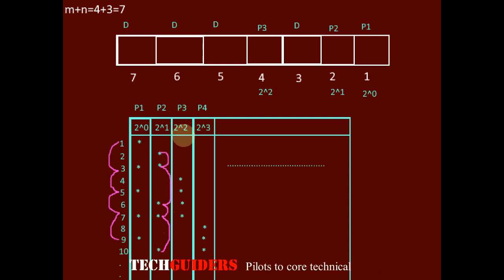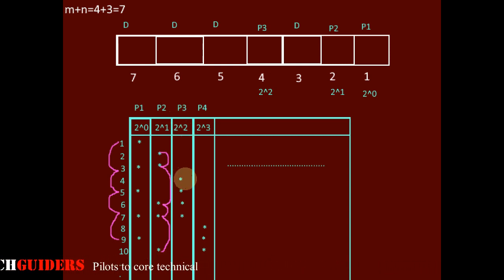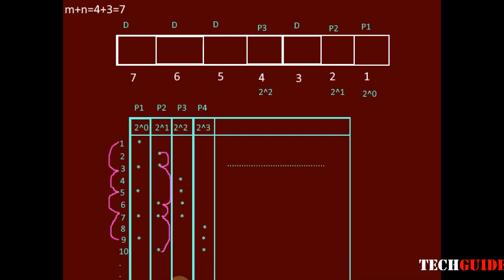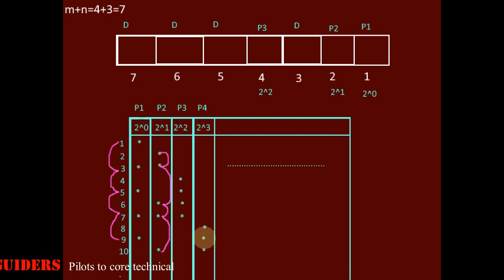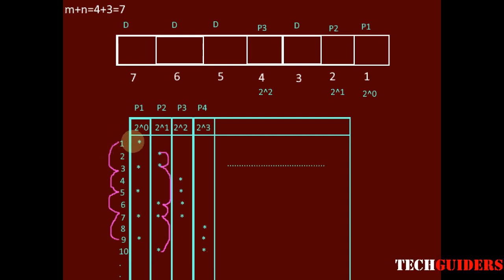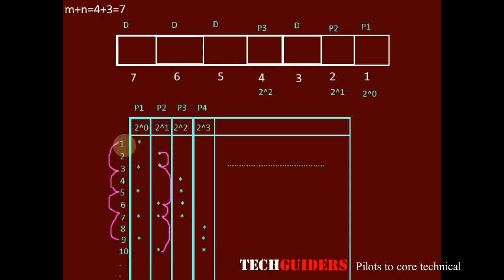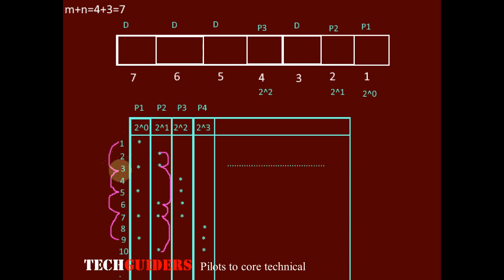And the parity bit at the position 2 to the power 2, the parity bit at the position 4, will take care of the data bits at the positions 5, 6, 7, and so on. The parity bit at the position 2 to the power 3, that is 8, will take care of the data bits at the positions 9, 10, and so on. So we can say a parity bit at a particular power of 2 position will take care of the bit positions in which it is a part of the sum as the power of 2.